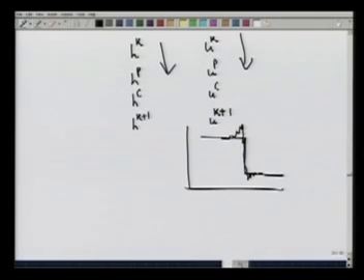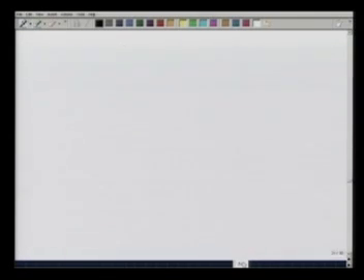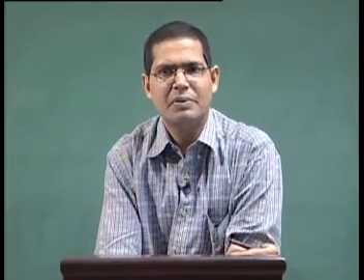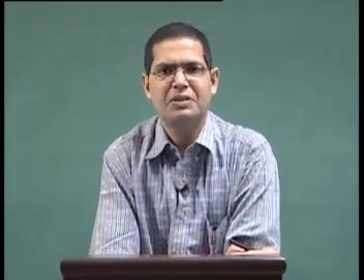So, what is done is there is something called artificial viscosity. This is used to kill the numerical oscillations. So, by using artificial viscosity and the MacCormack scheme, one can capture the shocks very well.